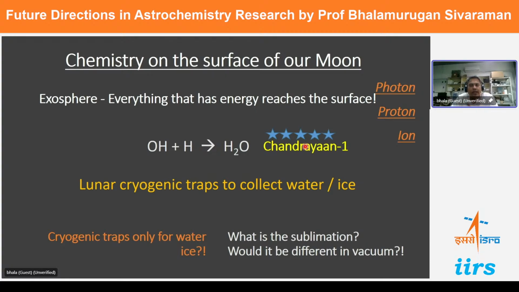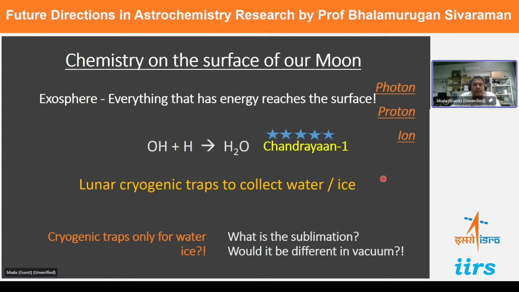The moment you go to the moon's surface, you're getting more players, which now come from the sun: the photons or the ions, particles such as H plus, which you call protons, and so on. Now the chemistry is totally driven by the energetic particles coming from the sun. You are entering a place where there is not enough atmosphere to protect you from the harmful radiation.